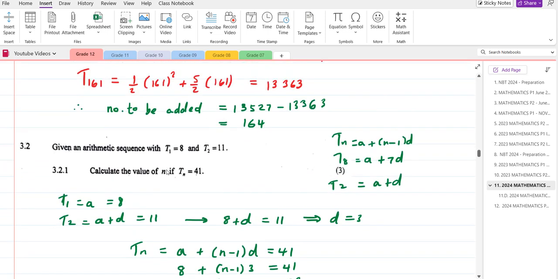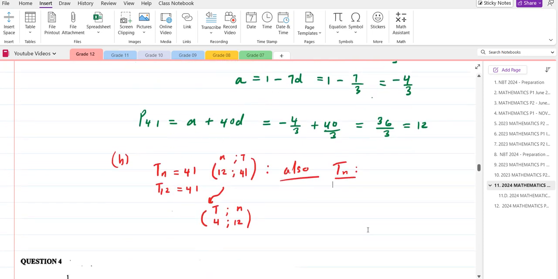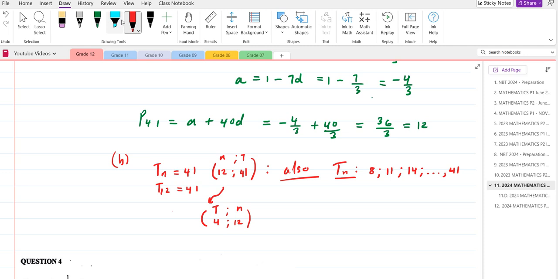A is 8 and D was 3. So we had 8, 11, 14, and so on. We went right up till 41, and 41 was giving me 12 there. This is 3, this is 2, and this is 1.